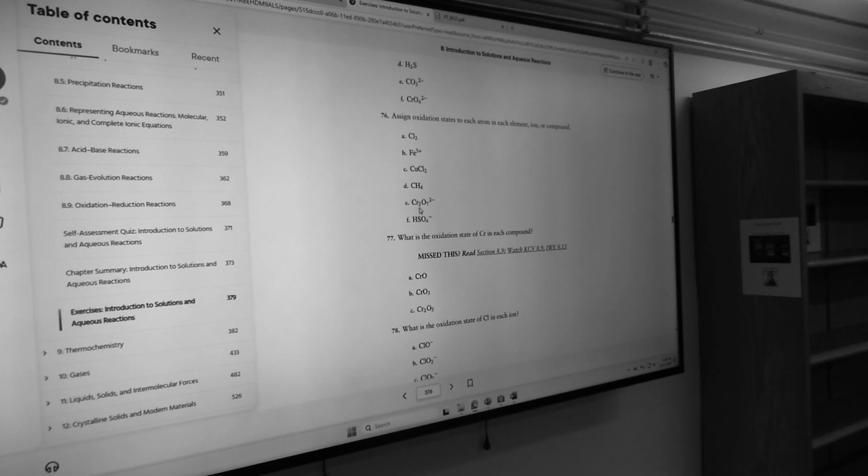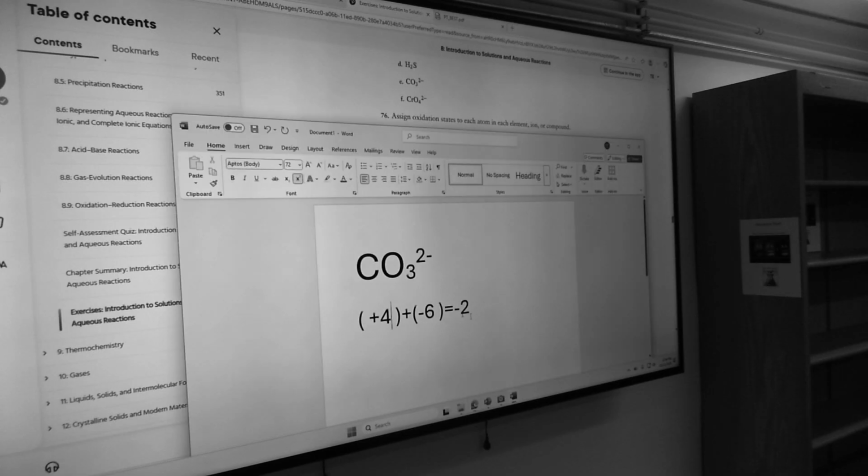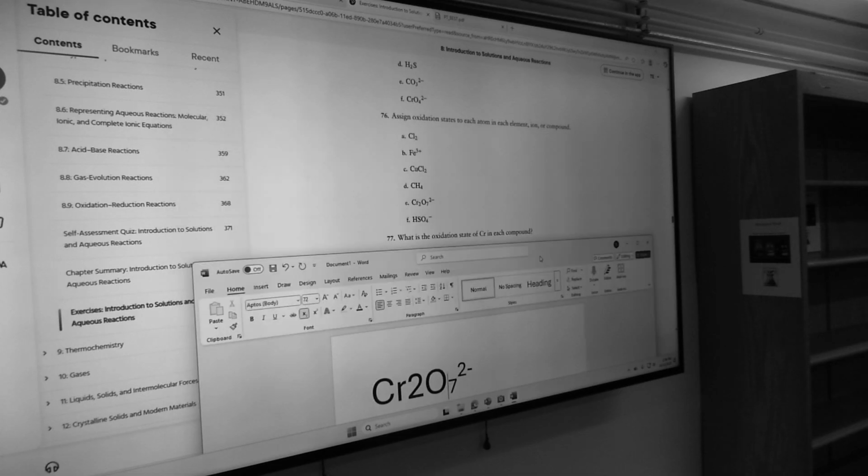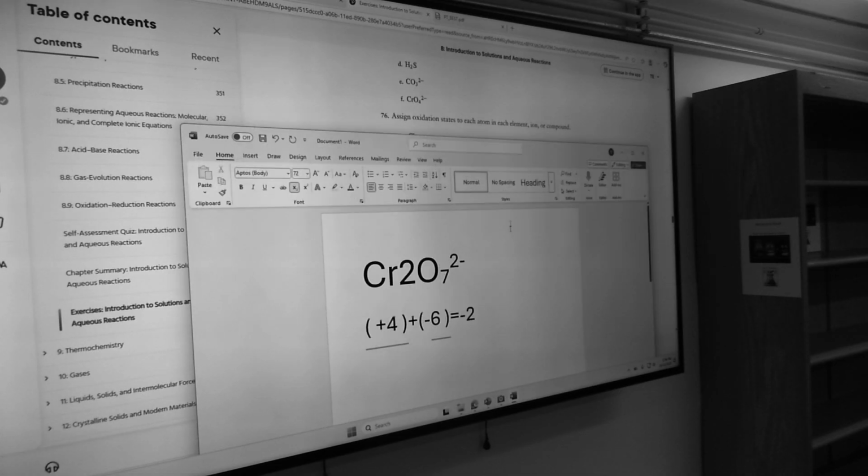Let's do Cr2O7. Did I do that one? No, Cr2O7. If you've got 7 oxygens, you've got negative 14.